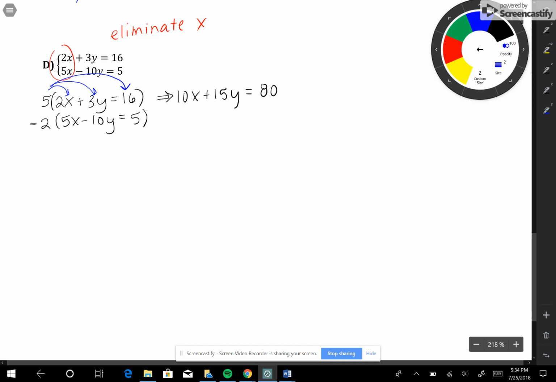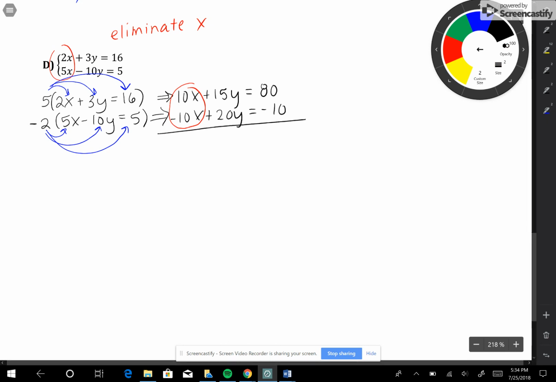Then I'm going to distribute this -2 into the second equation, and that gives me -2 times 5x is -10x. -2 times a -10y is a +20y, and -2 times 5 is -10. So our goal of getting opposite coefficients has been reached right here. I have a +10x and a -10x.